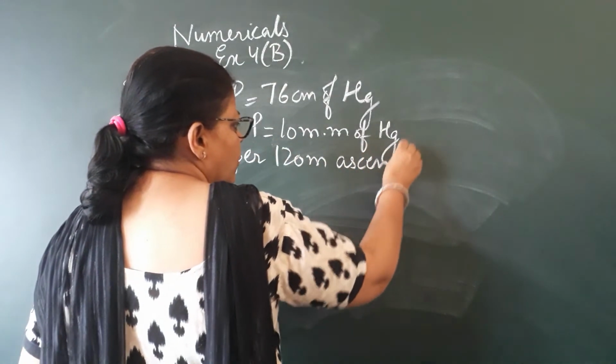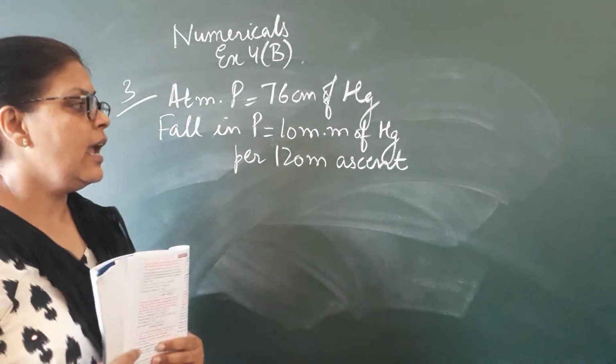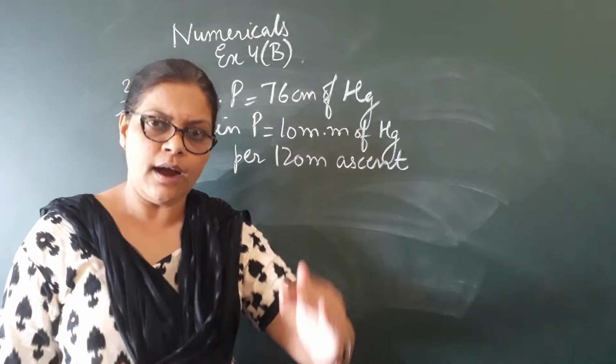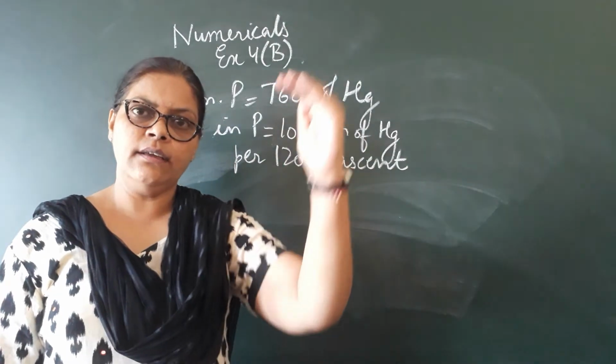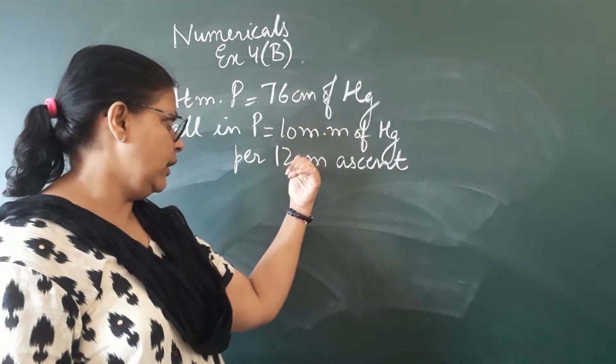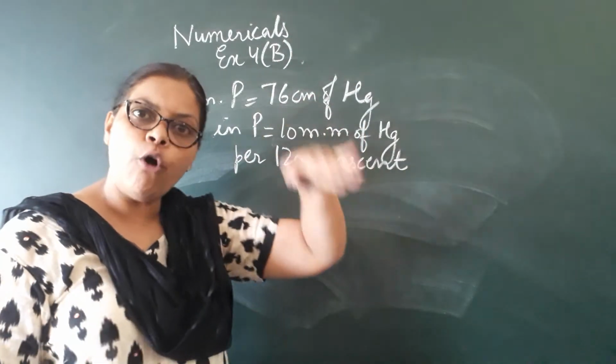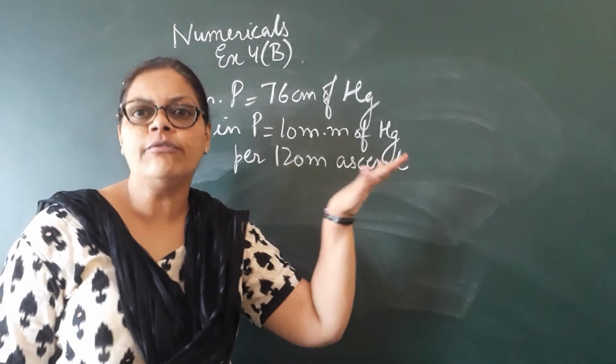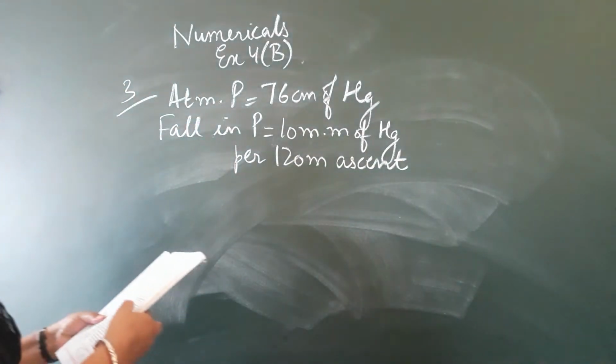Now why have they used the word ascent? Ascent tells you that when there is an increase in height by 120 meters, then the mercury falls by 10 mm. This is the meaning of this statement. Now what are you supposed to find out?